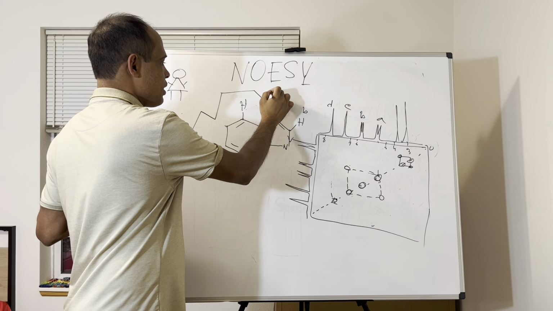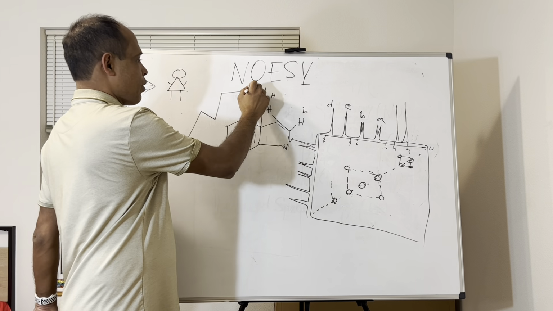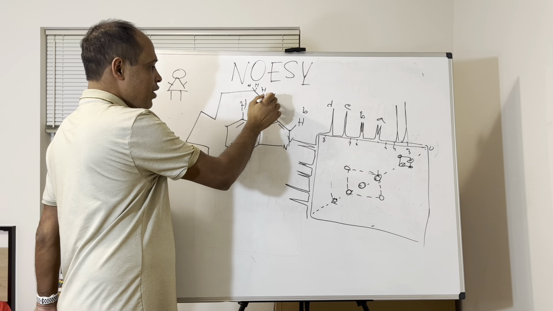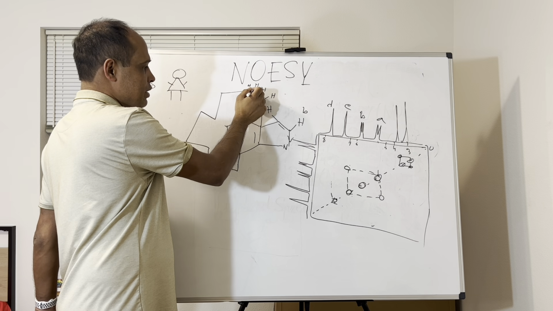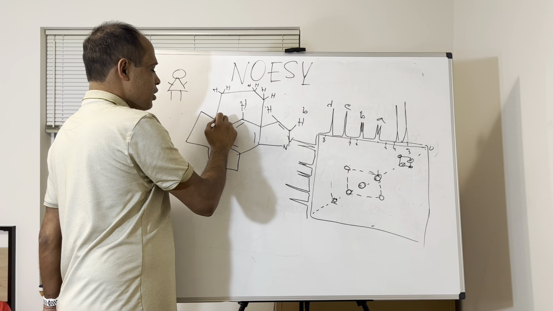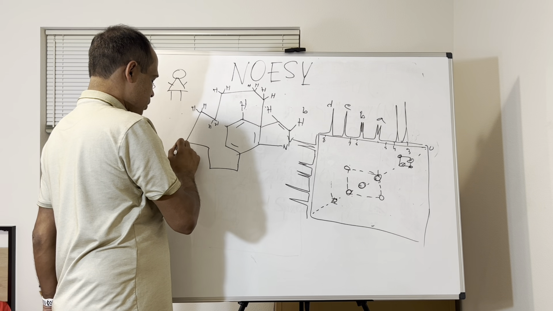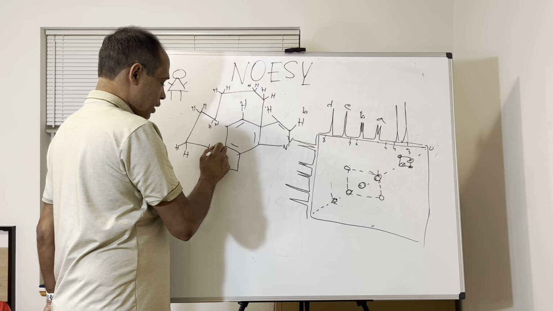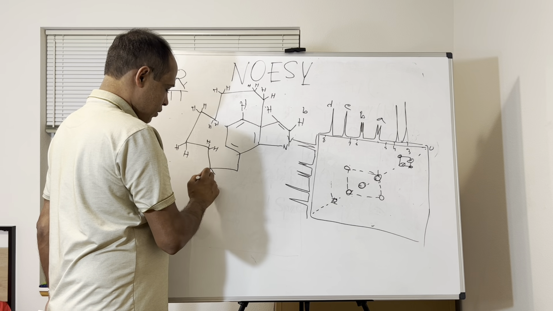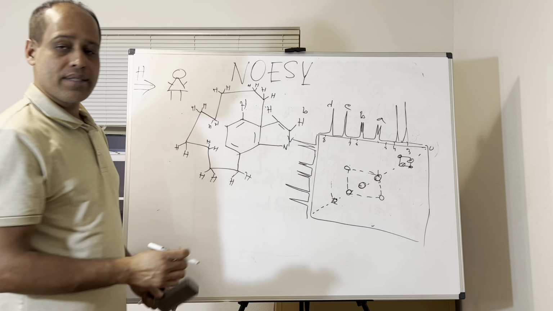In that case, suppose you want to determine this proton and all of these protons. Definitely with the COSY, since they are close by, you can determine these protons in a series through the series of proton NMR. I'm just giving you an idea of how complex it could be.